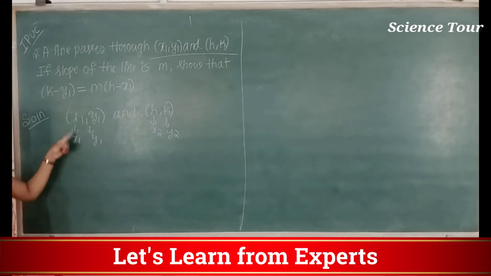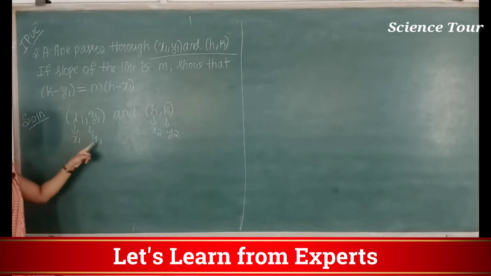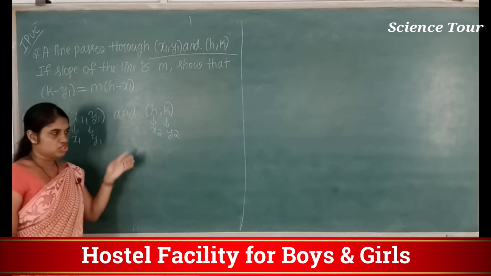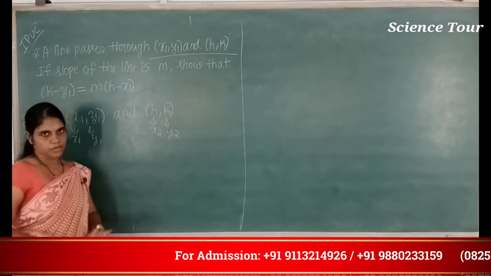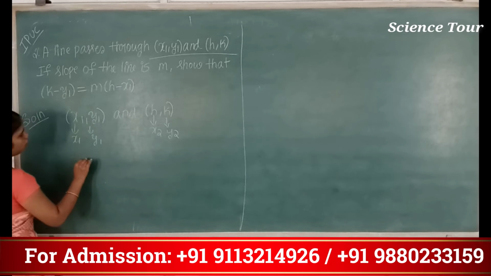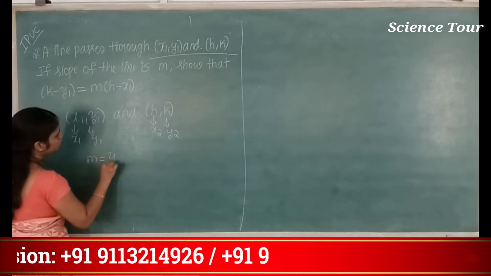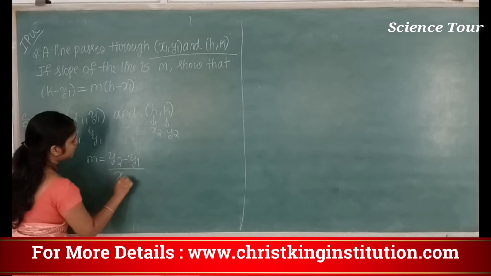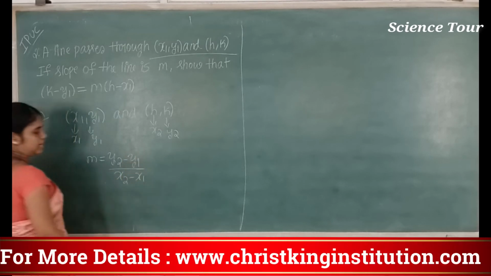So here x1 is equal to x1 itself, y1 is equal to y1 itself, x2 is equal to h, y2 is equal to k. Now what is our formula to find the slope? m is equal to y2 minus y1 by x2 minus x1.